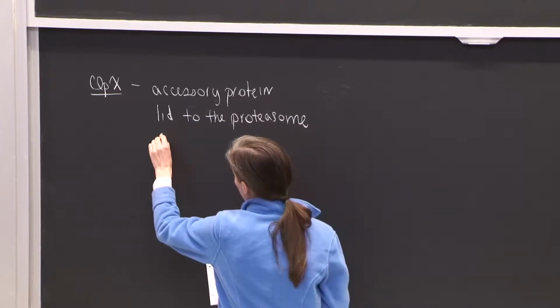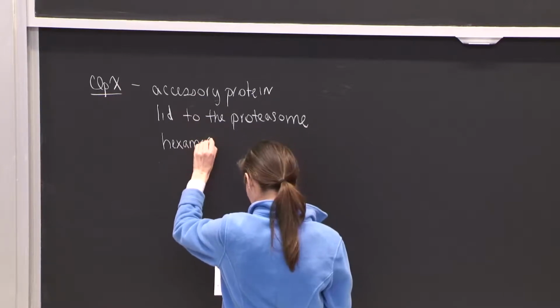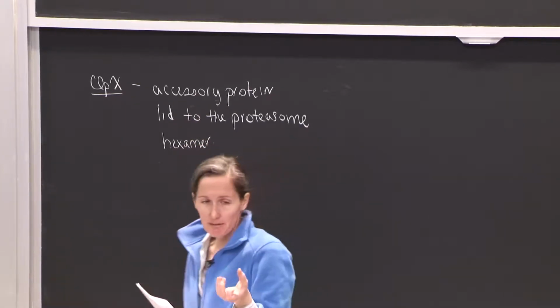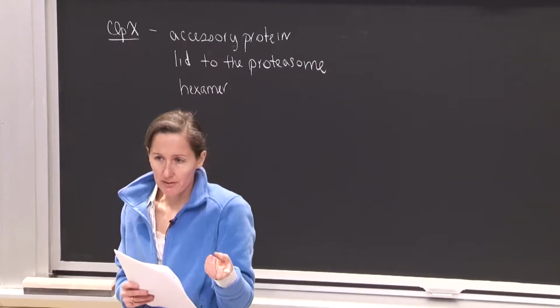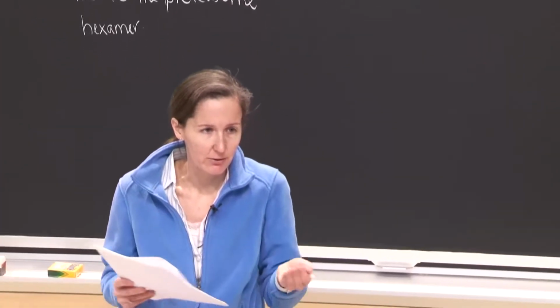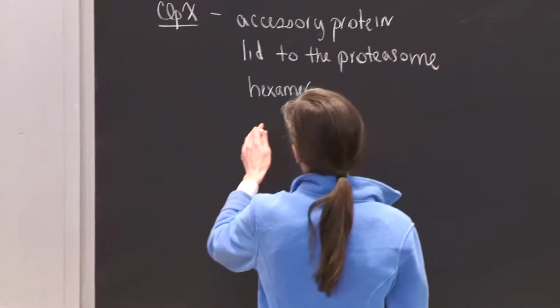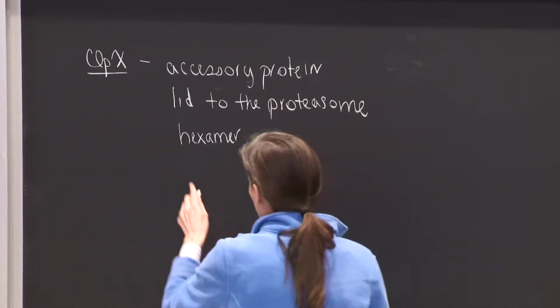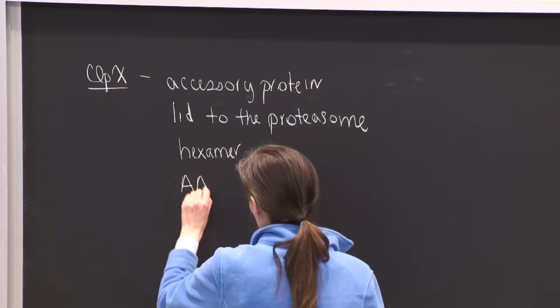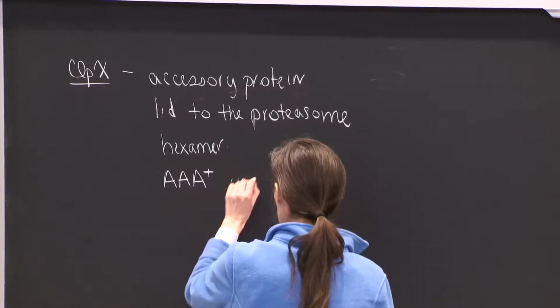It's a hexamer. So there's a mismatch here in terms of the number of subunits in ClpP and ClpX. This is different from what we saw with GroEL and GroES, where they are both heptamers. ClpX is a hexamer, and it's an AAA plus unfoldase.